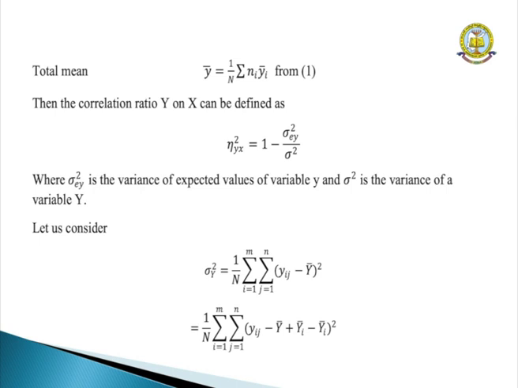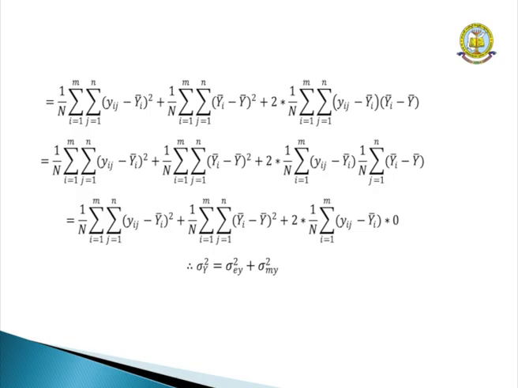Since the summation is applicable for both terms, we get 1 by n, summing over i is equal to 1 to m, j is equal to 1 to n, of yij minus yi bar whole square, plus 1 by n, summing over i takes the values 1 to m, j takes the values 1 to n, of yi bar minus y bar whole square, plus 2 into 1 by n, summing over i takes the values 1 to m, j takes the values 1 to n, of yij minus yi bar into yi bar minus y bar.